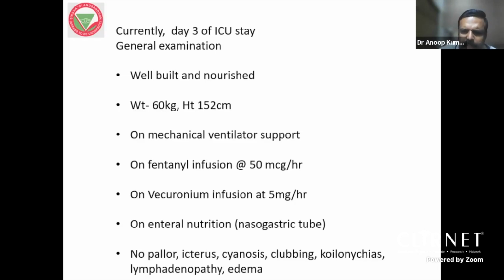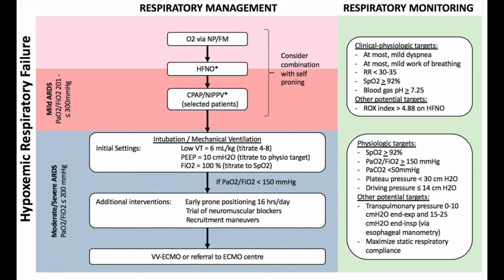So now with the 100% saturation, what are the settings you are going to keep now? I will keep the patient on pressure control ventilation mode with an FiO2 of 100, and I will set PEEP initially at 14 centimeters of water, and the respiratory rate at 30 per minute, and see how much tidal volume the patient is taking.